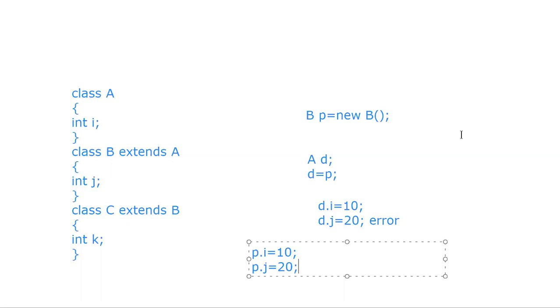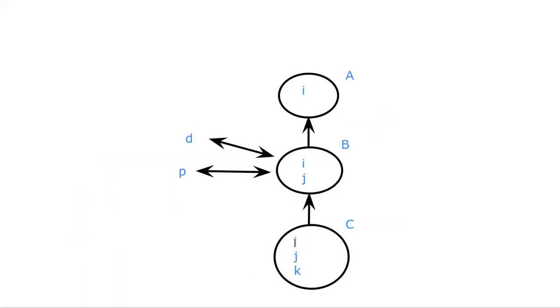In the same way, in case I'm trying to create an instance of class C, I'll write code here. I'll create an instance of class C with a reference called Q. Automatically, class C comes into existence and everything will be initialized to zero.